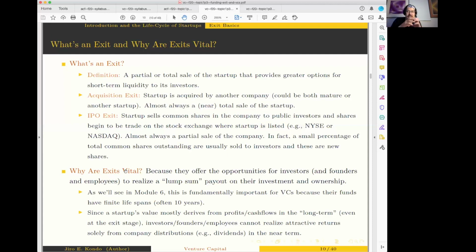And VC funds, like pretty much all private equity funds, have a finite lifespan. In other words, if I'm the VC and Mike is my limited partner, our contract is going to say I am committing to Mike to return all the money within X number of years, where X is almost always 10 years in VC. So I need a liquidity event within 10 years, right? And so exit is important.